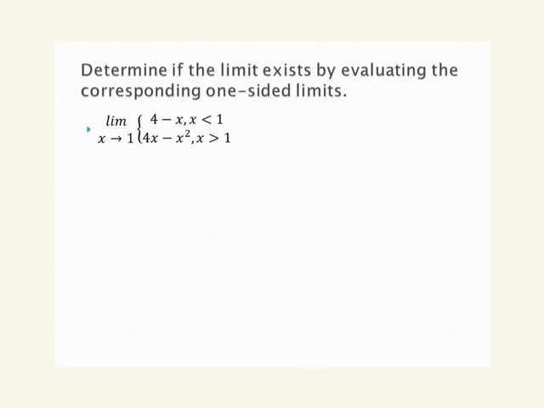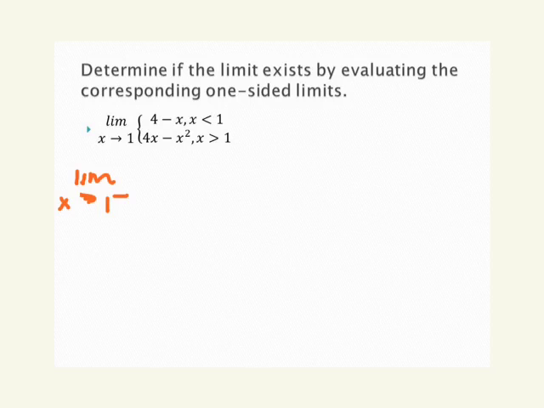The first thing we want to do is evaluate the limit as x approaches the number 1 from the left side. So I'm going to put a little negative sign up there. If I come at x from the left side, I'm looking at the values where x is smaller than 1.